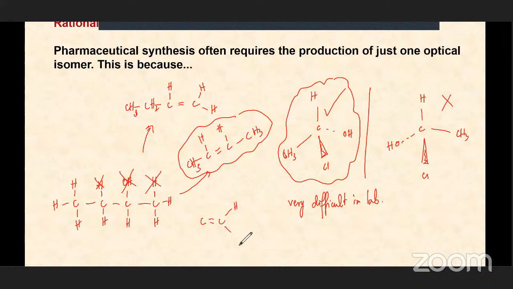One would be a cis version, the other one would be a trans version, where these two sides are flipped around. Okay? So it's really difficult in a lot of reactions to actually predict the product of the reaction. So it's going to have a poor yield.